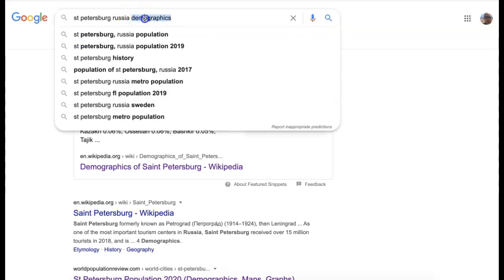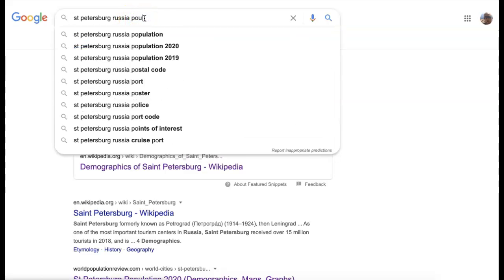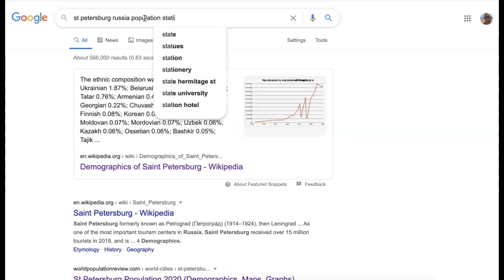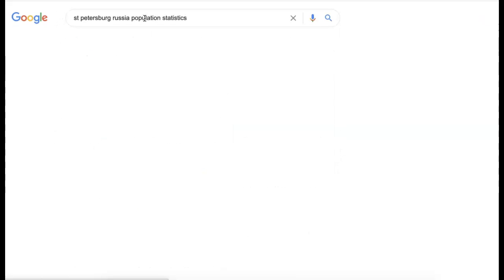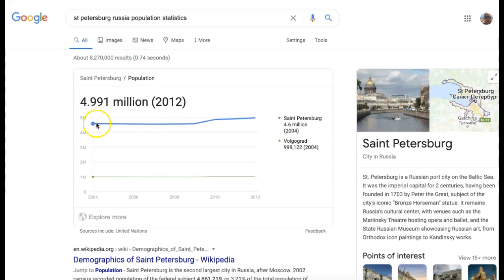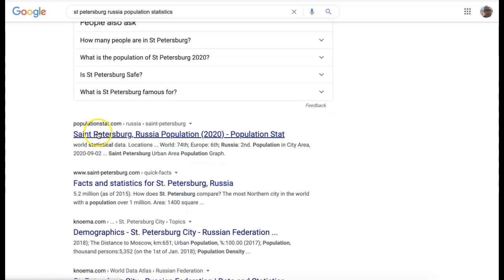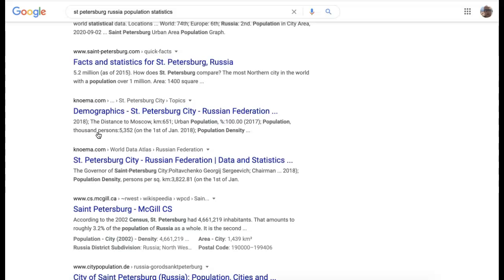Now, one other thing you could try is, instead of maybe the word demographics, you could do the words population statistics. And when you look at population statistics, maybe you'll be able to find something more detailed for you.